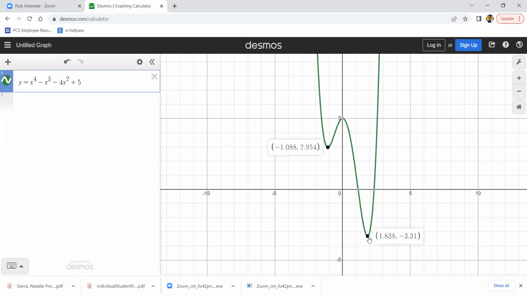So I'm going to write both of those points down. The nice thing about Desmos is that they round for you, so I already have my answer written to 3 decimal places. You should be writing it right now too. Hopefully you're taking just as long as I am to write it down. Negative 3.31. The second answer probably only has 2 decimal places because my guess is it's negative 3.310, and that's why they didn't write the other one.